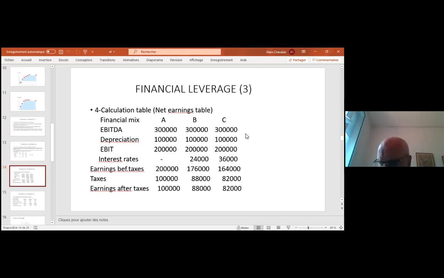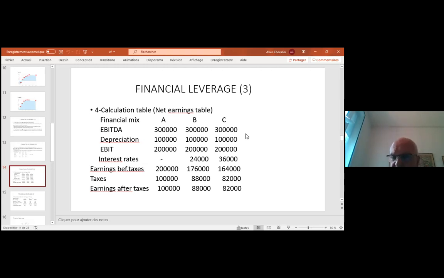And depreciations and amortizations are calculated by rules coming from the accounting system, coming from the tax administration, not from the banks or from the financial markets. So you find the EBIT immediately after, and the EBIT is 200,000 in the three cases. Same level of EBIT.